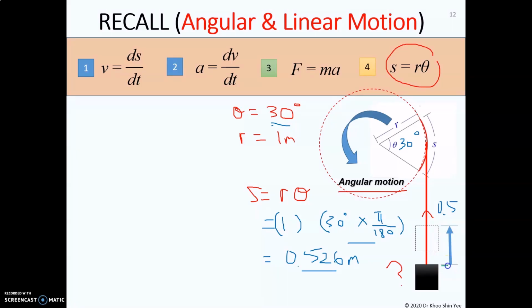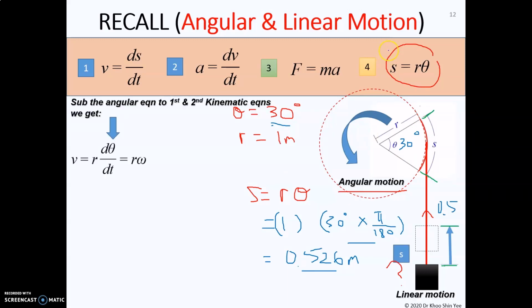The distance from the original position to this position is the same as the distance from the original position to this other position. If we substitute angular equation 4 into equation 1, dx over dt becomes d(r theta) divided by dt.